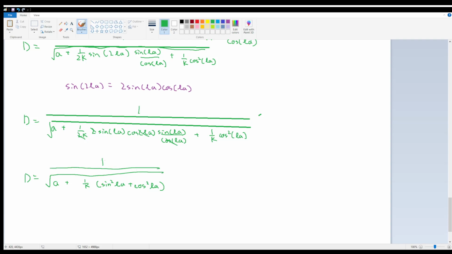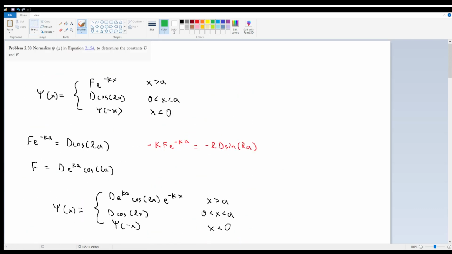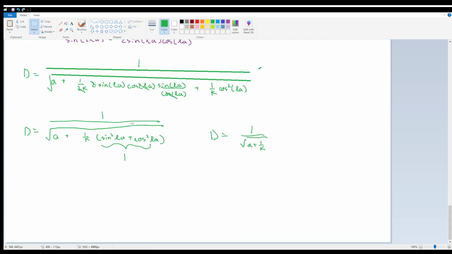Instantly, sine squared plus cosine squared is just equal to 1, so D is now equal to 1 over the square root of A plus 1 over K. And this is the actual, more specific, more correct answer for D. Now that we have D in terms of constants, we can plug this back into F, because we know that F is equal to D times e to the Ka times cosine of LA.